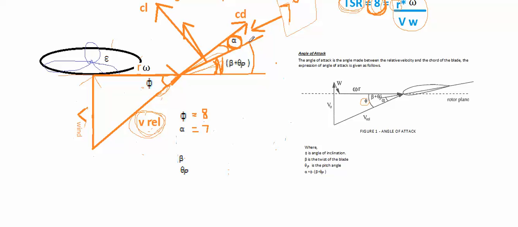That means we have designed the wind turbine twist for the tip speed ratio of 8. In the previous video we have seen that this is the twist angle, which has to be 1 degree, because phi, as you can see from the triangle, is equal to alpha, the angle of attack, plus the twist angle. So 8 is equal to 7 plus 1. So our twist angle should be 1 degree.